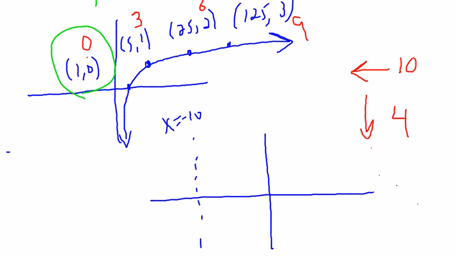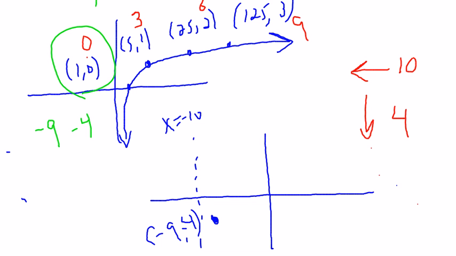Go left 10 from 1 puts me at -9, and then go down 4 from 0 puts me at -4. So I calculate that in my head. Then I come over here and I put a dot right there, and I label it (-9, -4). Boom. That's this dot.